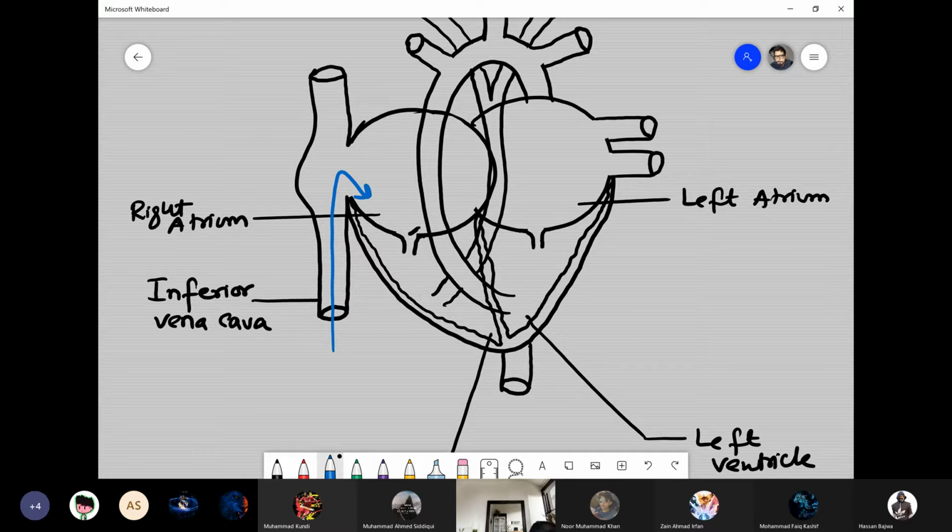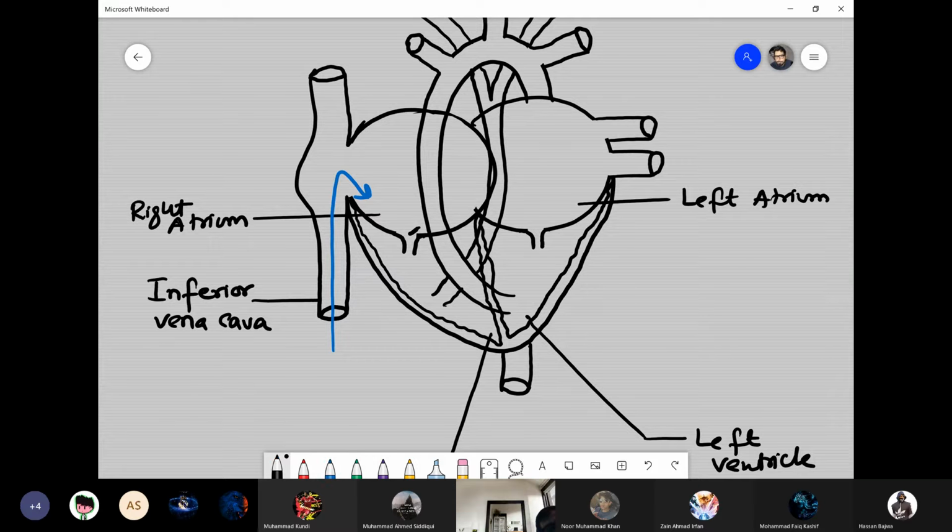It is bringing the deoxygenated blood from both legs, from the abdomen, and from the lower parts of the chest.